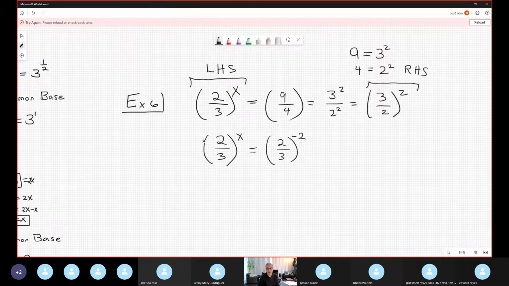Do you see the transformation? Cool or no? Yes, cool. Okay. If we have two exponentials and the base is the same, it's because the exponent is the same. It's obvious that it's -2. Final answer.